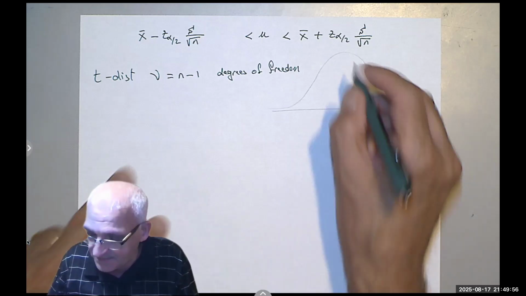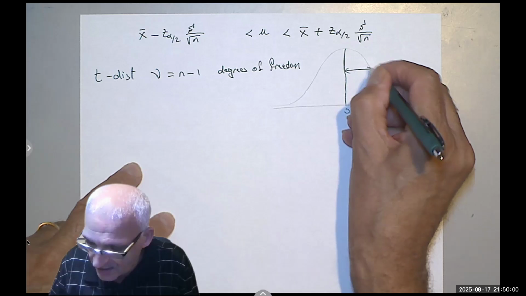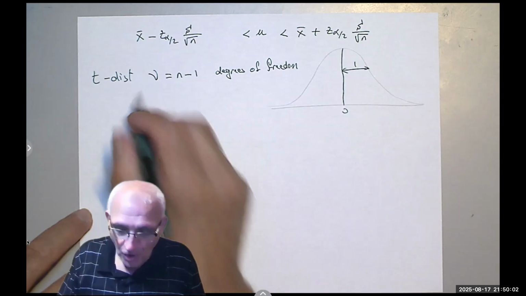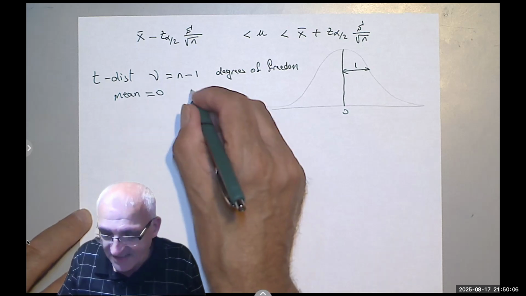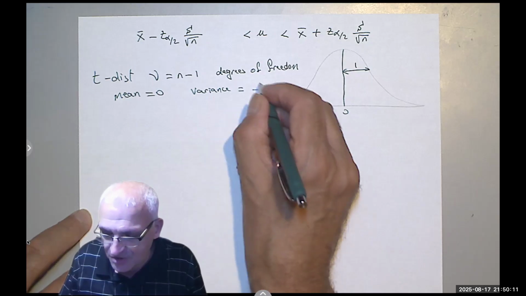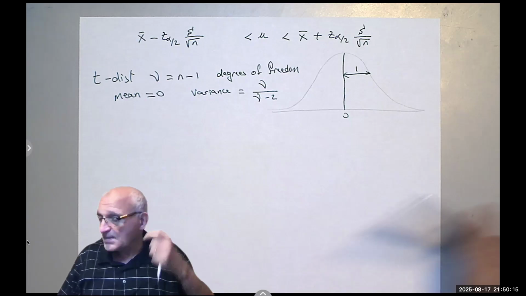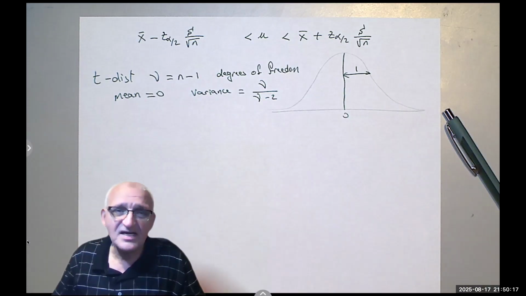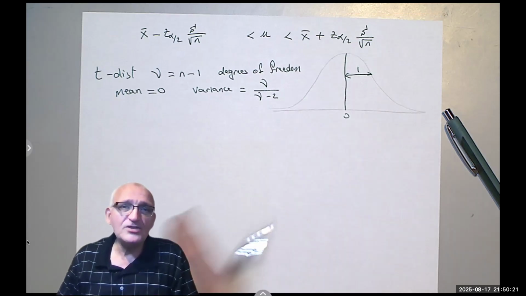While the Z has a mean of 0 and a standard deviation of 1, the T statistic also has a mean of 0, but the variance is nu over nu minus 2, and the standard deviation would be the square root of that. So let's say a common sample size would be 5. 5 over 3 is 1.66.